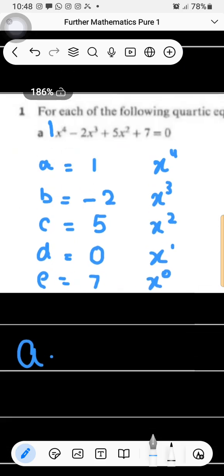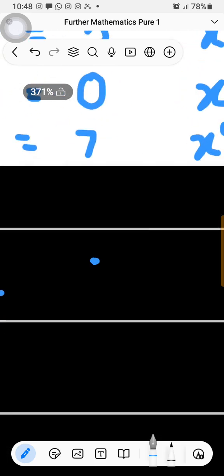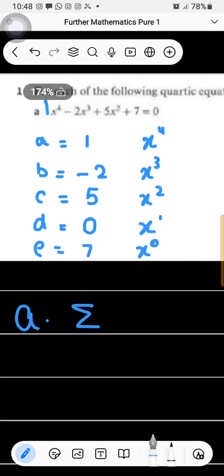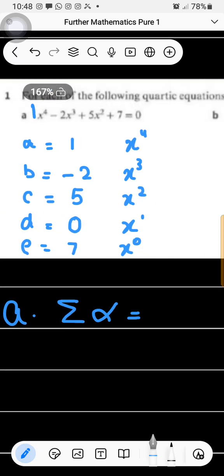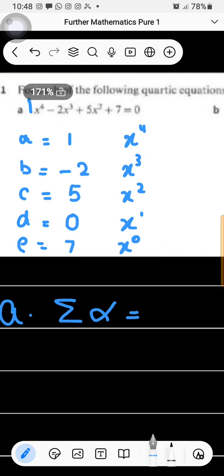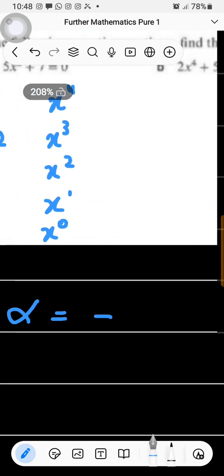Now we can solve the question easily. We are asking for sum of alpha. Those of you can solve it by yourself, I urge you to solve it. Sum of alpha is equal to negative b upon a.